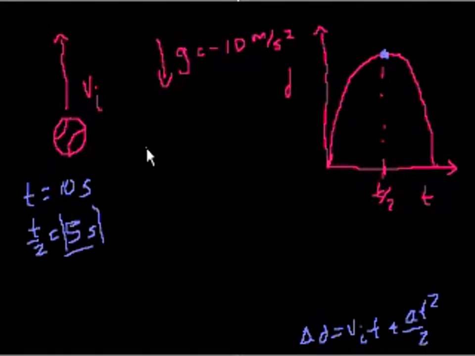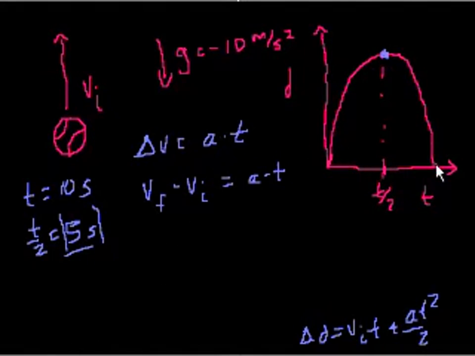Well, we have the very simple equation: change in velocity is equal to acceleration times time. You probably knew that before watching any of these videos. And the change in velocity is just the final velocity minus the initial velocity, which is equal to the acceleration times time. In this situation, what's the final velocity?